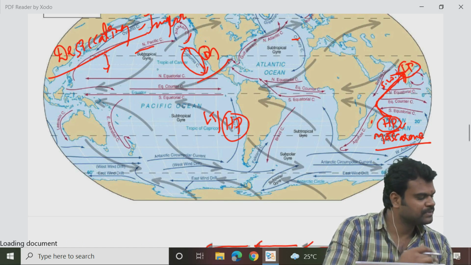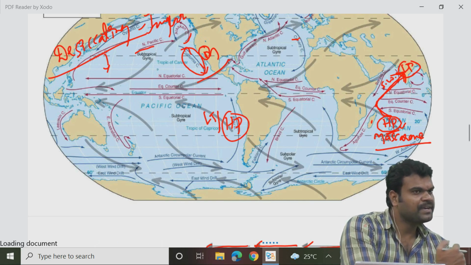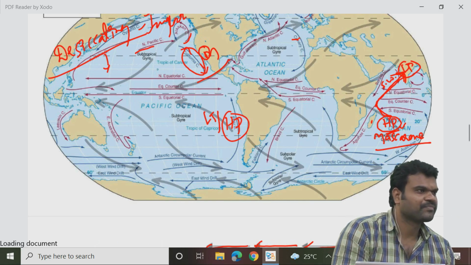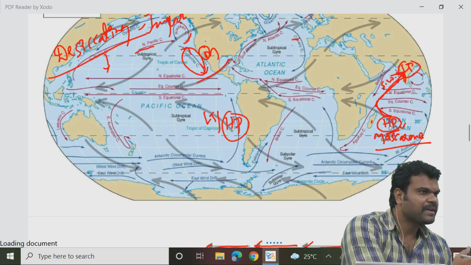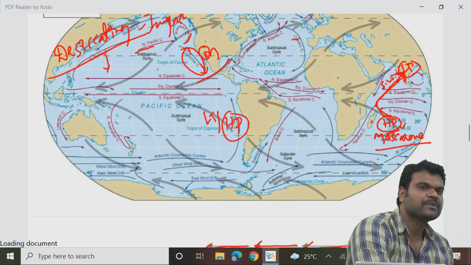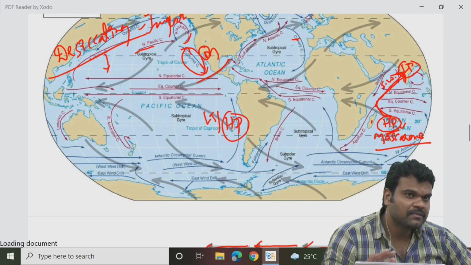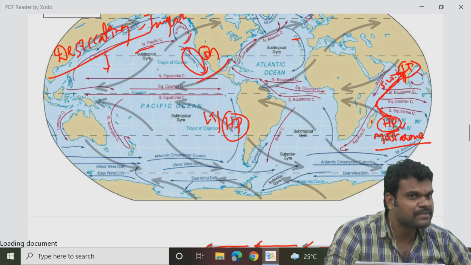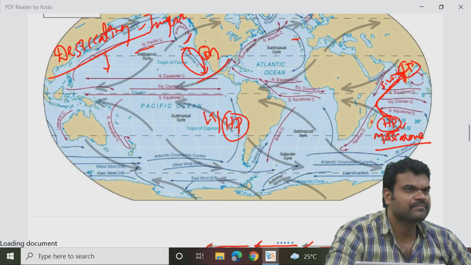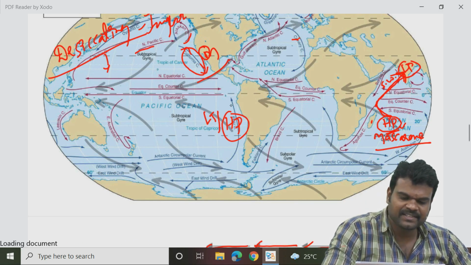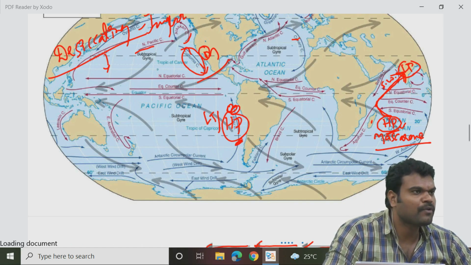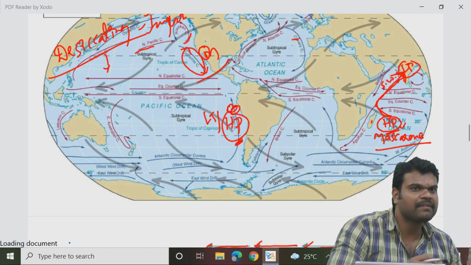Suppose the velocity or speed of the trade winds is coming down, what will happen to their capacity to drag the warm waters away from the coast of South America? Decreases. When the warm waters are not dragged to a greater extent, do you have the scope for upwelling of cold water? No. Which means you will have warm water at that point of time whenever you have weakening of trade winds.